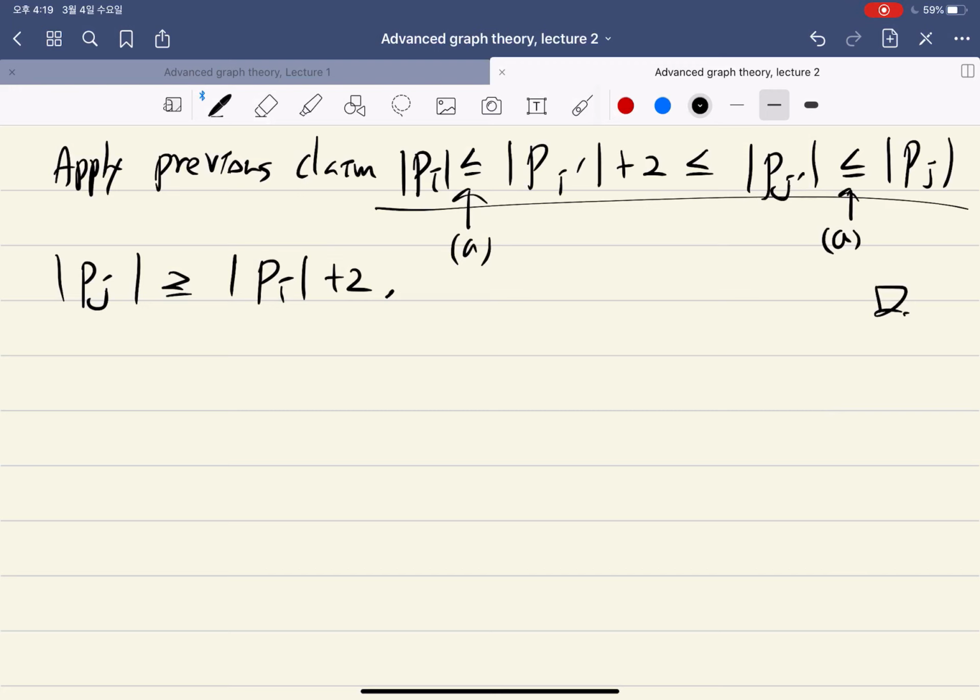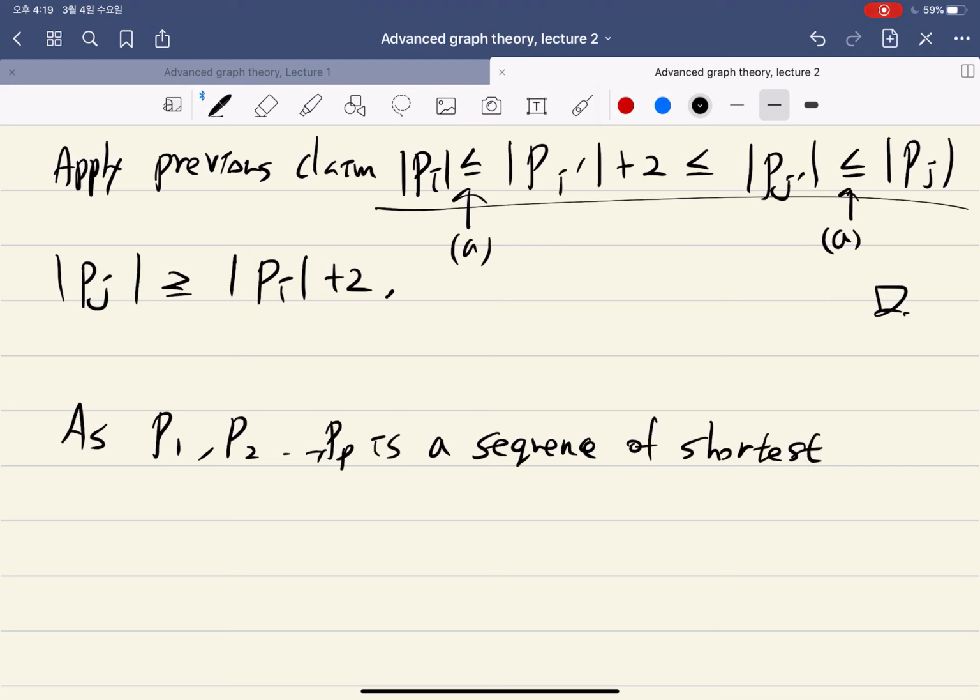So now we are all equipped to prove the theorem. So P1, P2, up to Pp is a sequence of shortest augmenting paths.